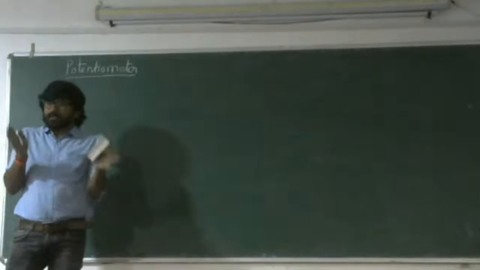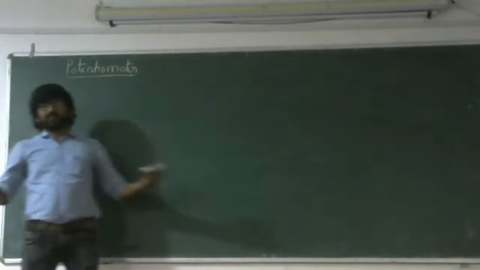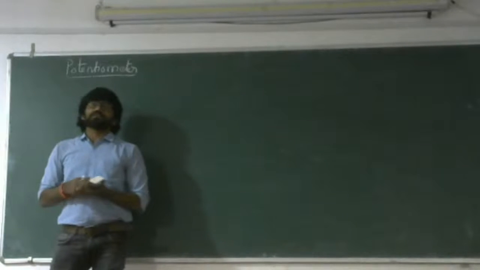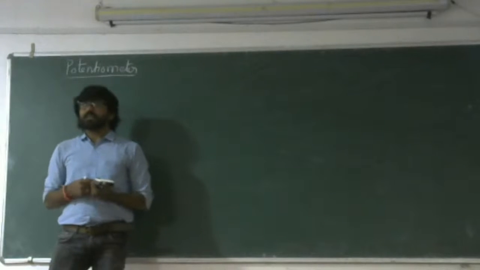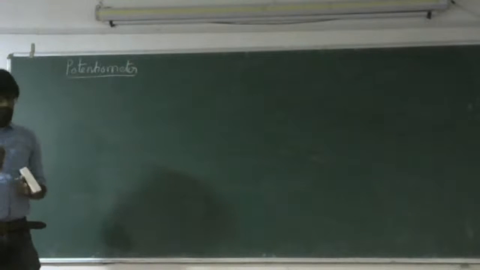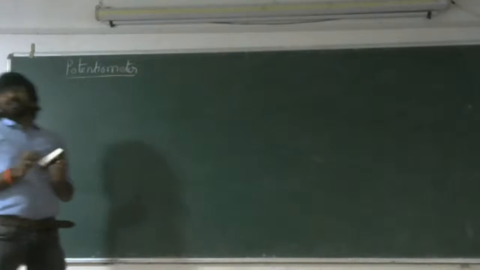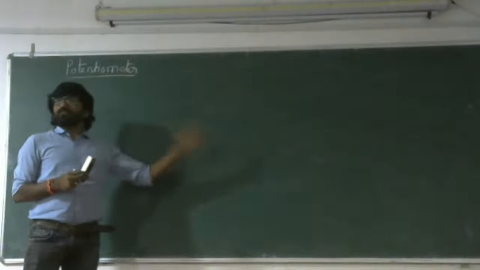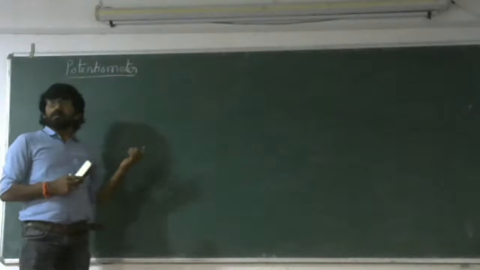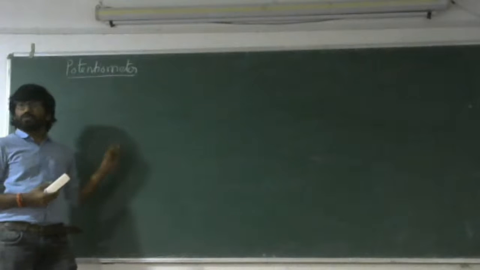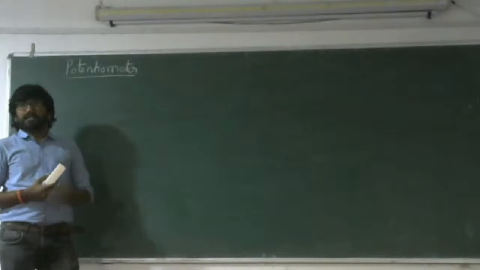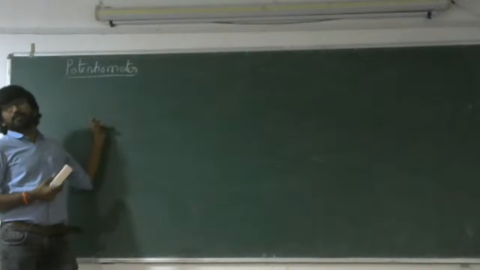Special case, potential difference can be called EMF, right? So it is used to measure the EMF of a cell or a device more accurately. And it works based on one simple principle. It says that when a constant current passes through a wire, then the potential difference across any part of the wire will be proportional to the length of the wire. Potentiometer works based on that principle.